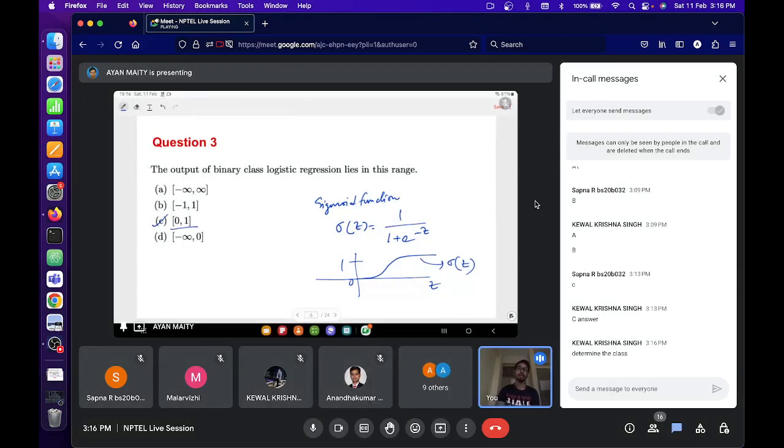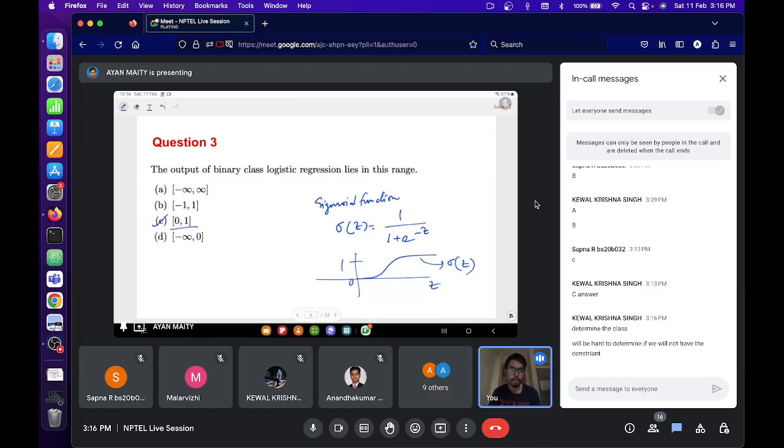But in case of logistic regression, which is a classification algorithm, we need to restrict the output between 0 to 1, so that we can find out whether it's 0 or 1. If it is more than half, we call it 1. If it is less than half, we call it 0. So there are two classes, 0 and 1. So that's why we use sigmoid function in logistic regression, and the output of sigmoid function is bounded between 0 to 1.